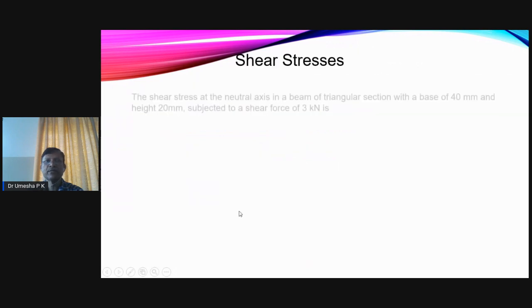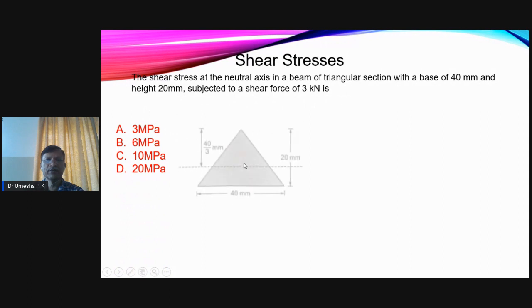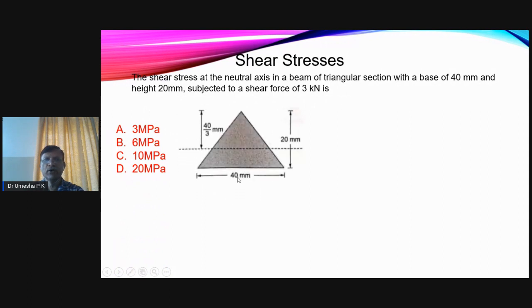We will go next to shear stress. Shear stress at the neutral axis in a beam of triangular section with a base of 40 mm and height of 20 mm, subjected to a shear force of 3 kilonewton. They want to know the shear stress; these are the different options given. This is a triangle with 40 mm base width and height 20.